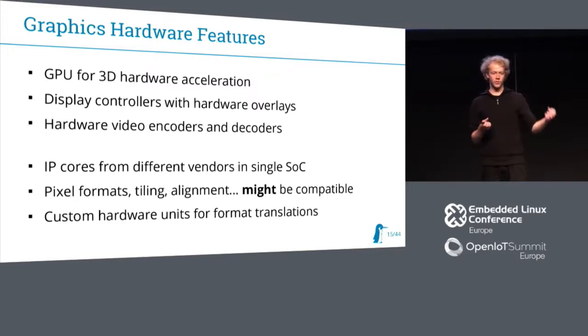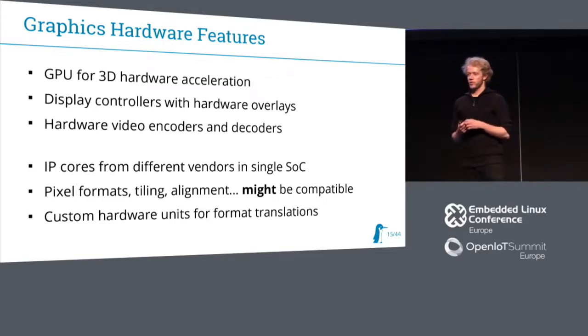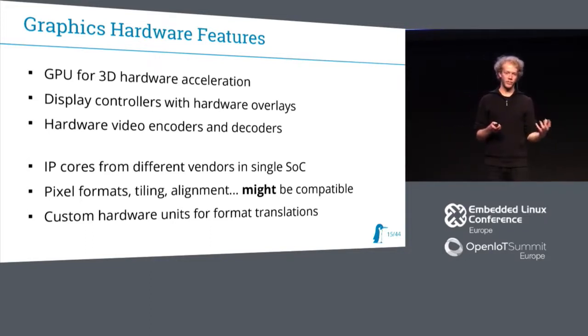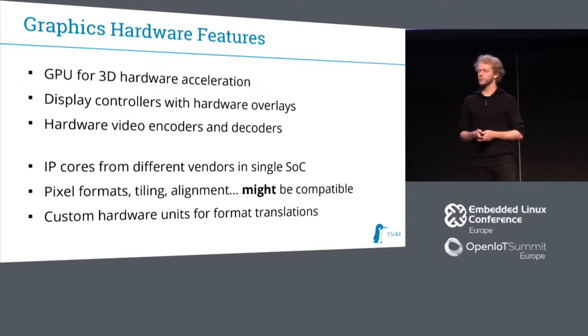So one outputs memory that is specifically aligned, which is not compatible with another IP core, or uses a special tiling or a proprietary tiling. And then you sometimes even have special hardware units for translating between the tiling of one IP core to another, or between pixel formats from one IP core to another.